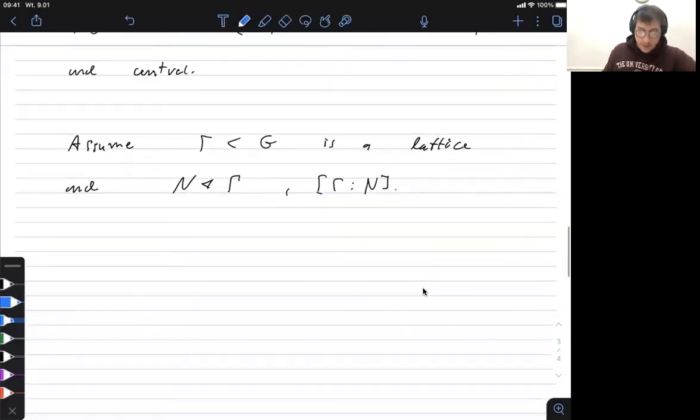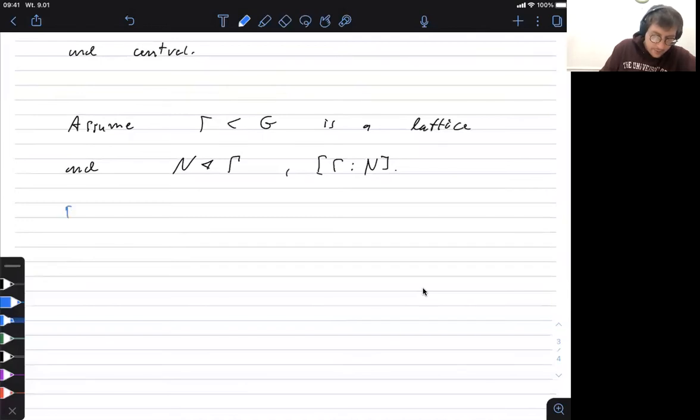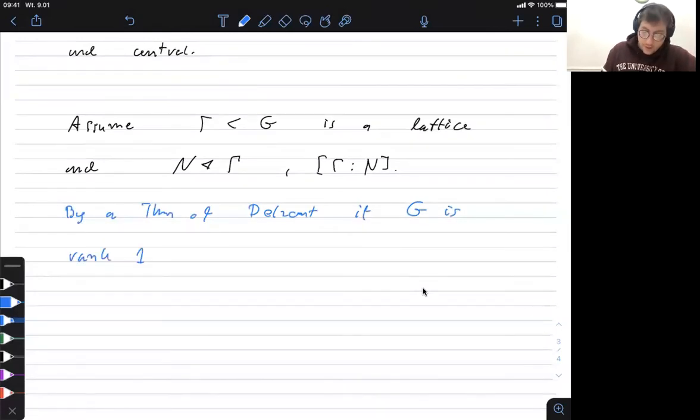So I can make here a remark that by a theorem of Delzant, if G is rank 1, this is always possible. So we can always find such a group. So even for rank 1 groups that display some kind of superrigidity, Margulis normal subgroup theorem can fail, and they will have those normal subgroups of infinite index.